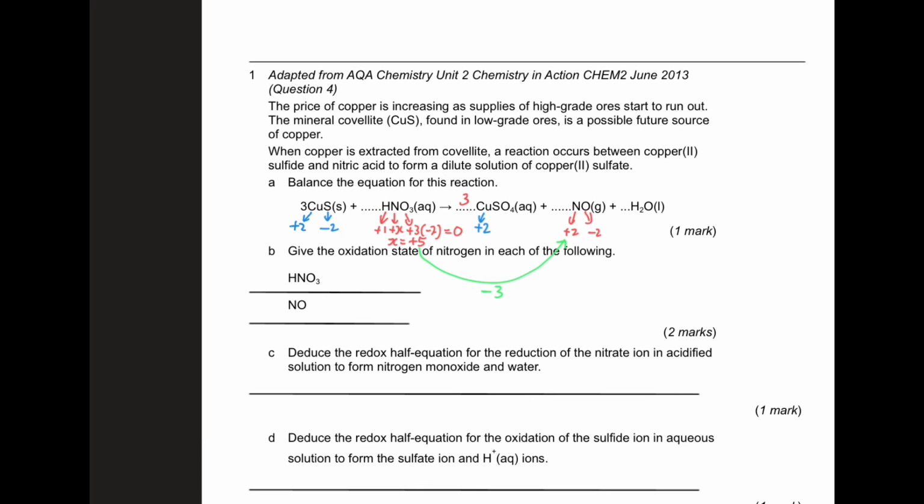Let's say sulfur is x now, and this one is 4 times negative 2. Overall it equals 0, so x is positive 6.